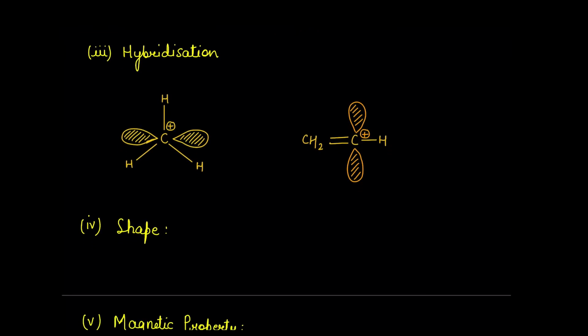If we look at hybridization, it can have 2 hybridizations, sp2 and sp. Here we have a vacant p orbital, which is perpendicular to the plane in which this sp2 hybridized molecule is. And here we have a vacant p orbital.